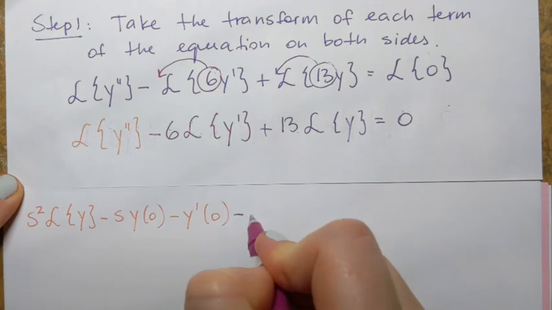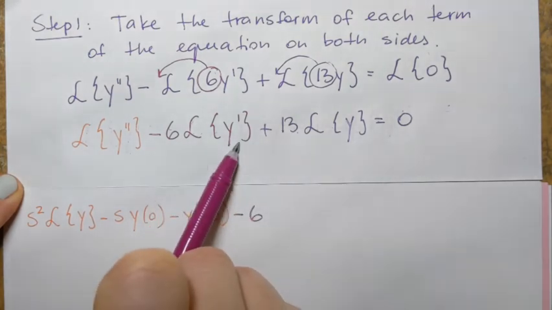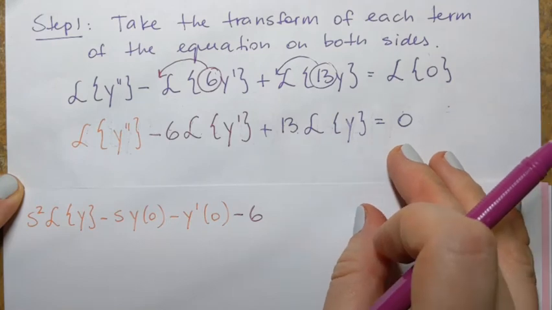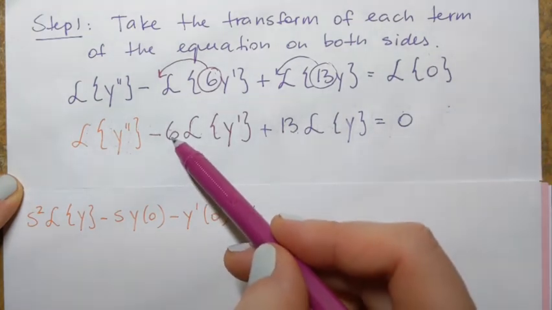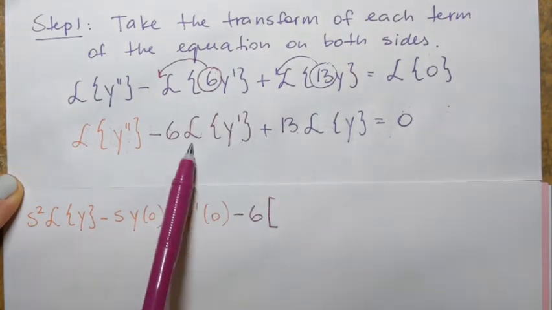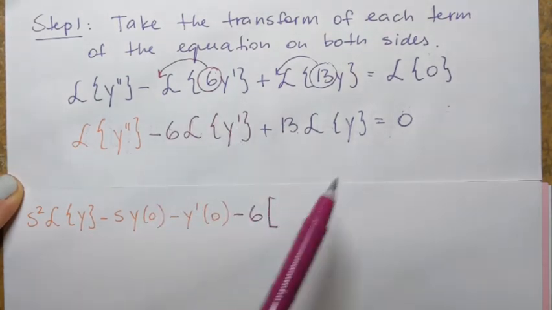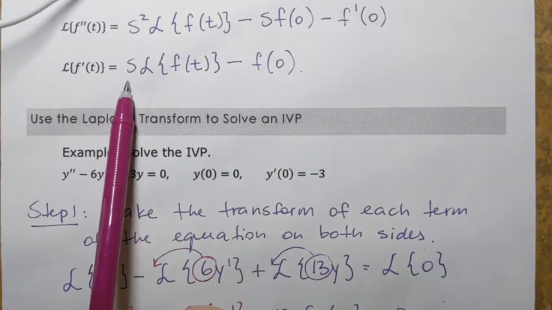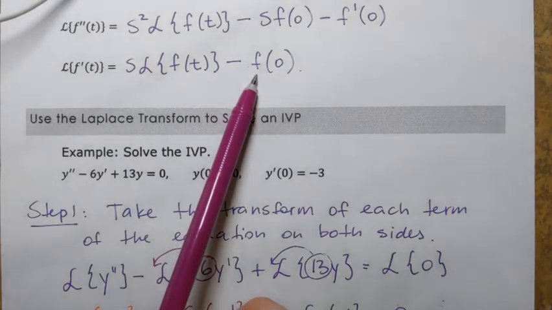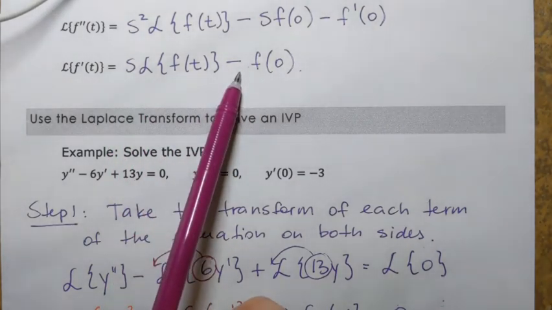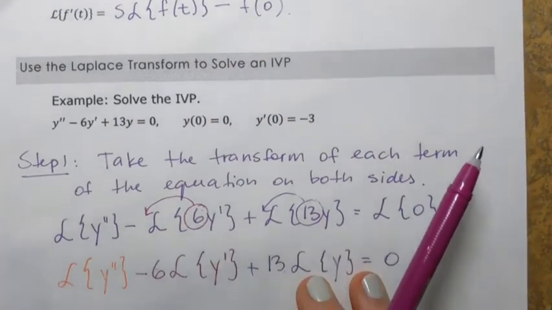Minus 6, and now the Laplace transform of the first derivative, I am also replacing with what it equals. Now we have this coefficient 6 in the front, so that means that the result of this Laplace transform I am putting inside brackets. And let me remind you what it equals. So the Laplace transform of the first derivative is here. Instead of f, I'm using y, so it's going to be s times the Laplace transform of y, minus y of 0.